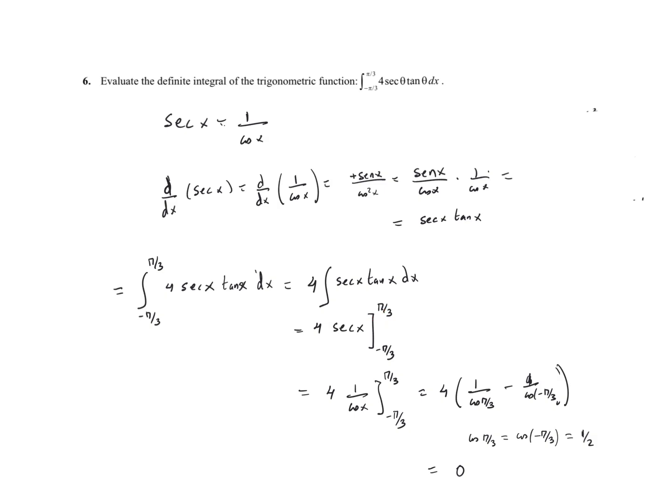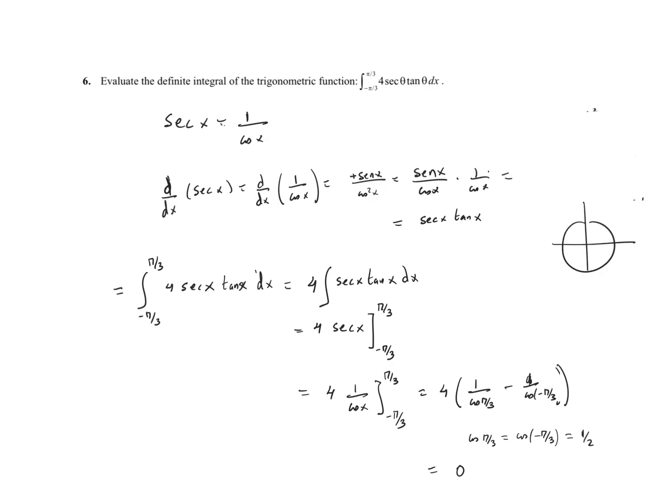But this is easy to see that it is 0, because it will be 4 times 1 divided by cosine of x, evaluated between minus pi divided by 3 and pi divided by 3. So it will be 4 times 1 divided by cosine of pi divided by 3 minus 1 divided by cosine of minus pi divided by 3. But cosine of pi divided by 3 is the same as cosine of minus pi divided by 3.